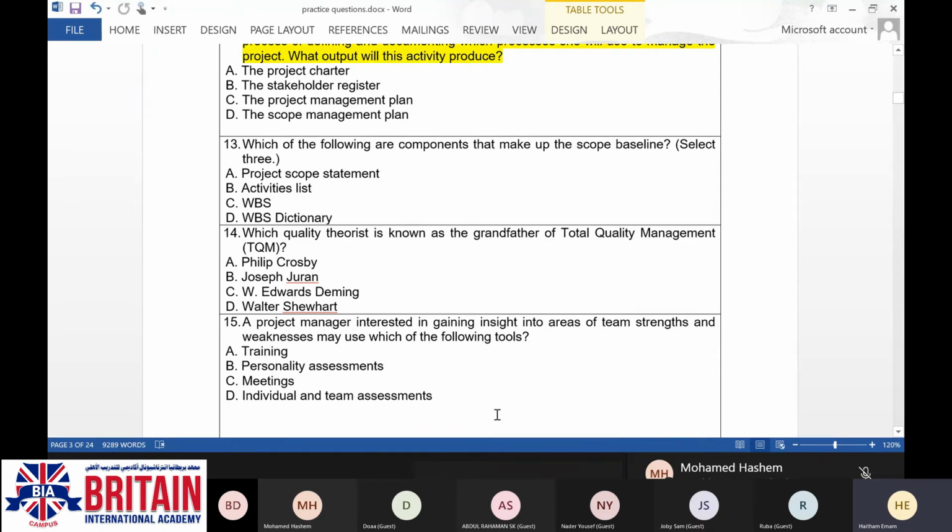Let's say, for example, me as Haitham, when I'm going to work on a certain project, maybe Haitham is a subject matter expert in his area. That's good.